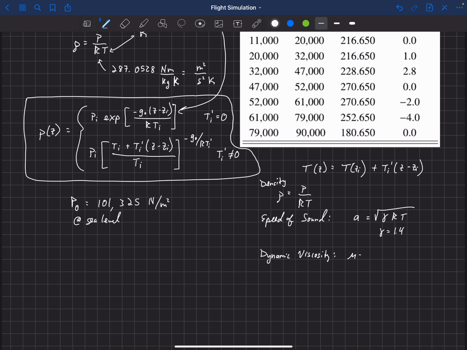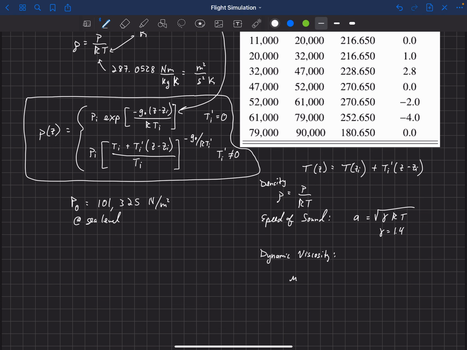And that comes actually from Sutherland's law. Sutherland found that dynamic viscosity is basically independent of pressure and density, but it is a function of temperature. And so for air, the equation that we get is, and actually let me move this down so I have enough room here.